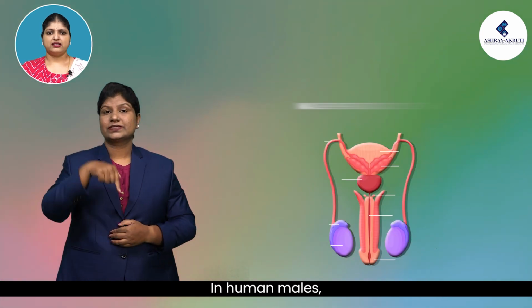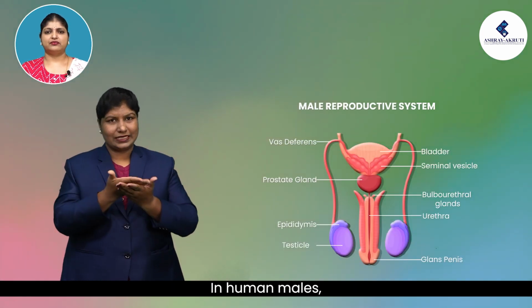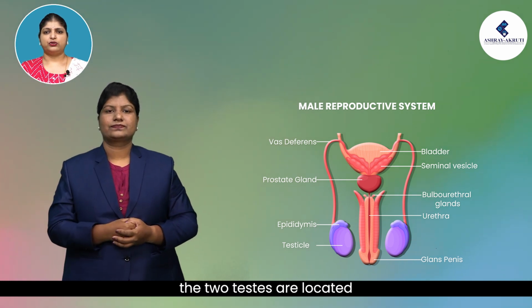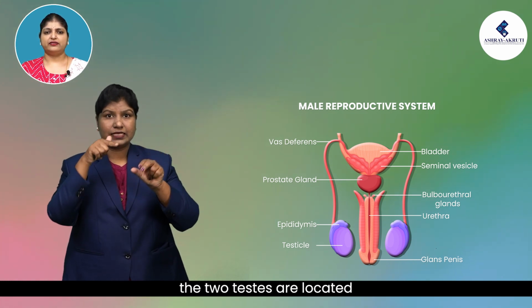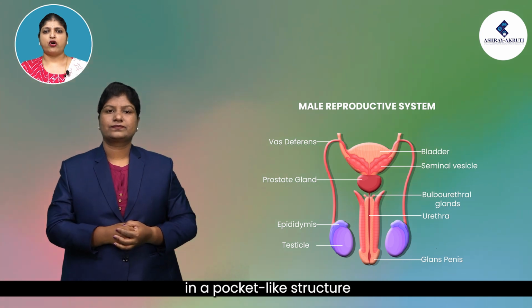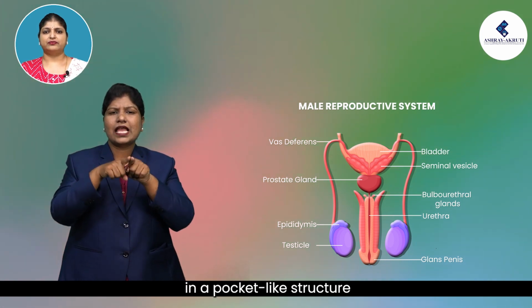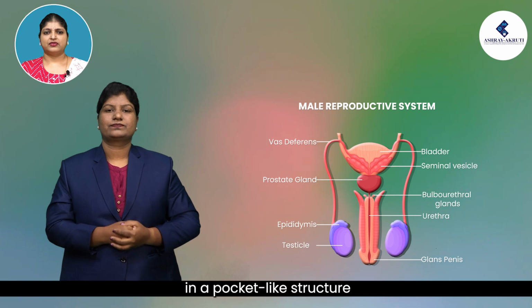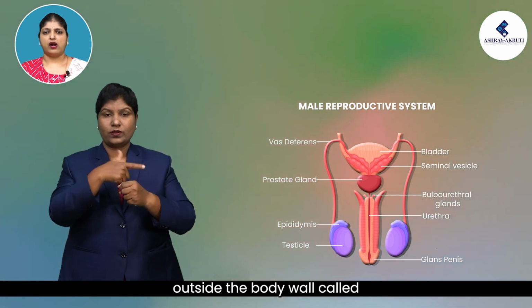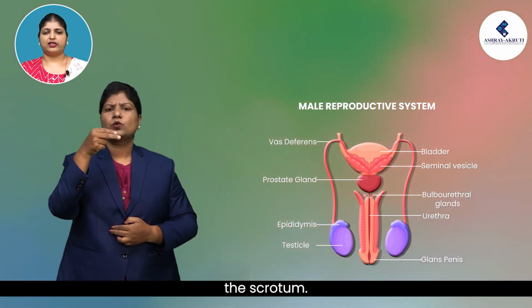In human males, the two testes are located in a pocket-like structure outside the body wall called the scrotum.